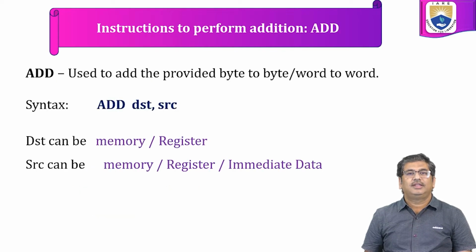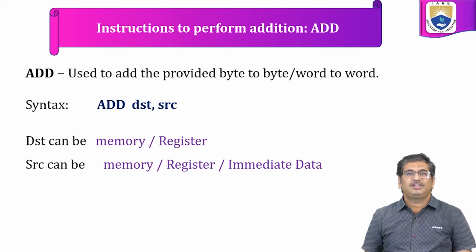First, we will see the instructions related to addition, ADD. This instruction is used to add byte to byte or word to word. The syntax of the instruction is ADD destination comma source.